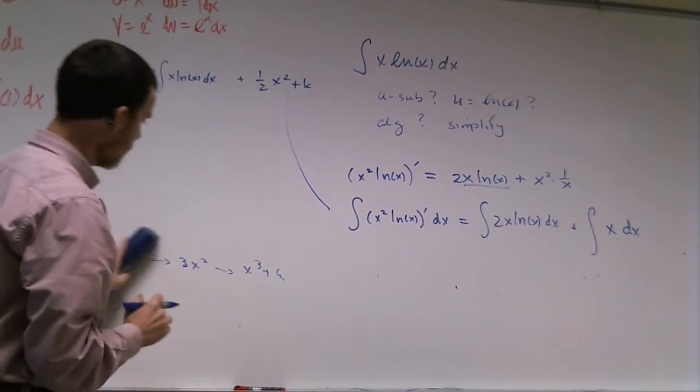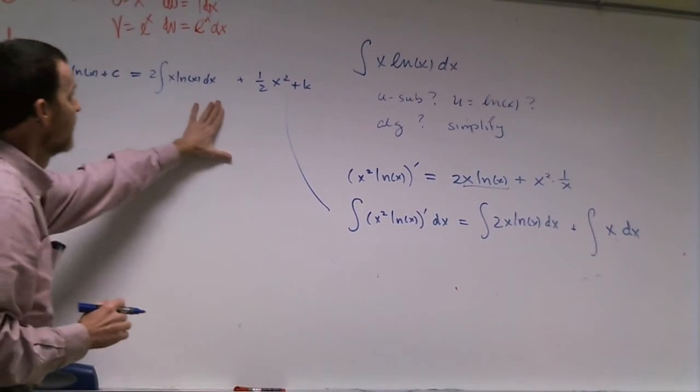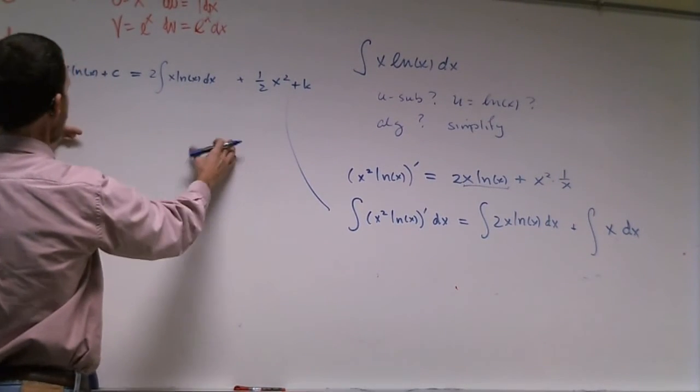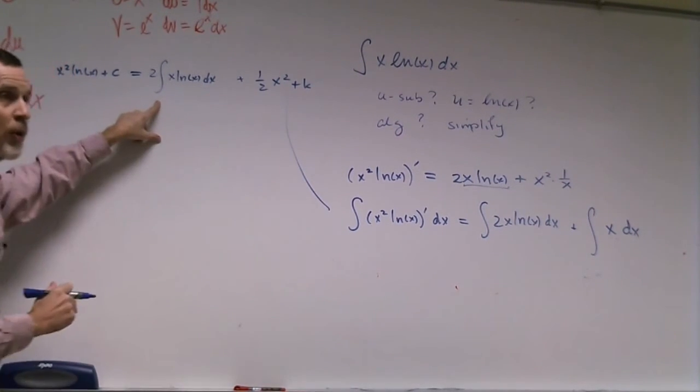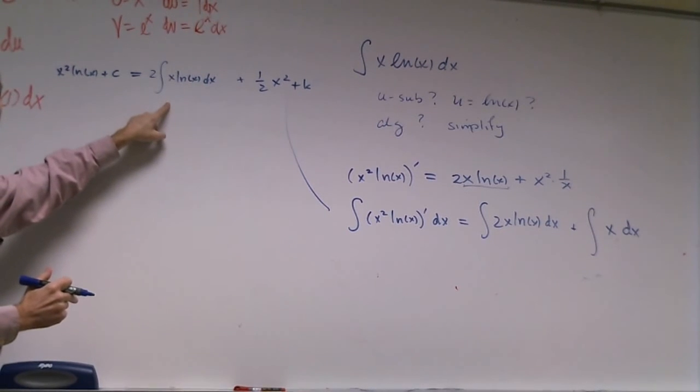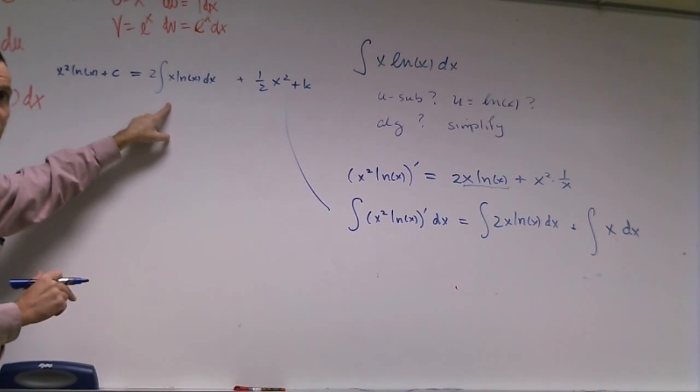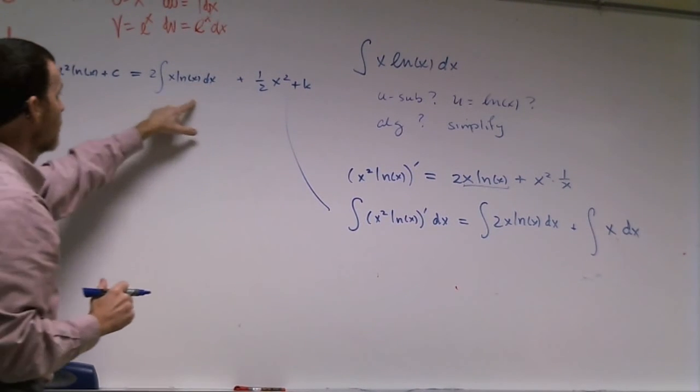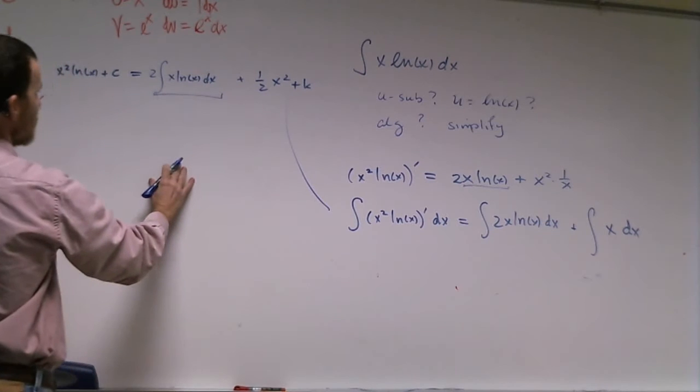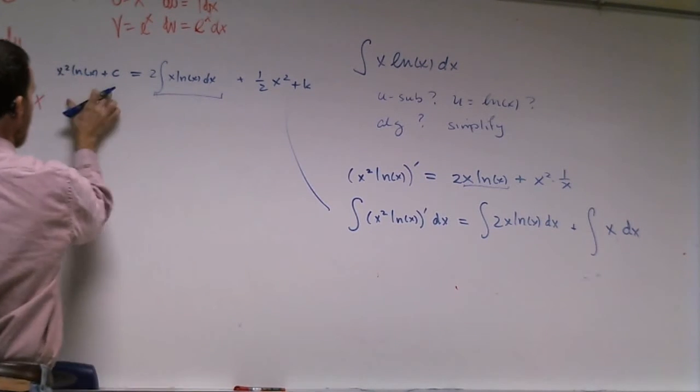Now, wait a minute. The only integral I have left is the integral I wanted. So if I just solve for it, I have the solution to the problem I started with. So I'm going to solve for this, like college algebra. Move this over to the other side.